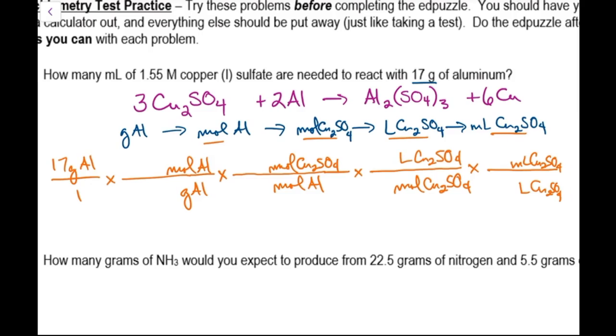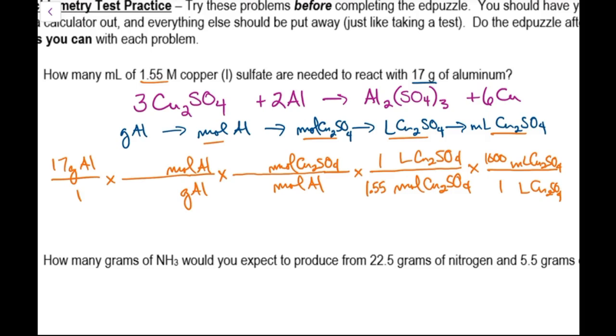Probably start with the easiest one first. There's 1,000 milliliters in a liter, right? This molarity is 1.55, so that means I have 1.55 moles per 1 liter.